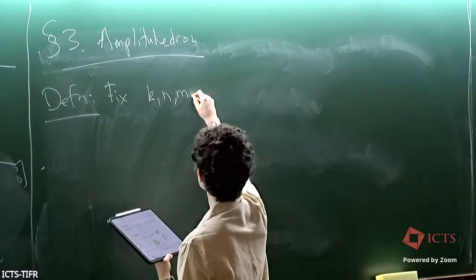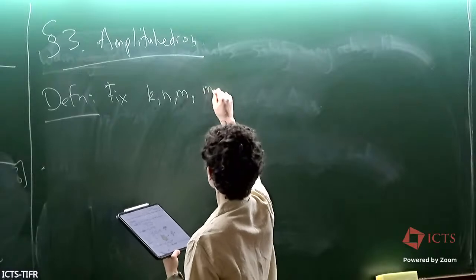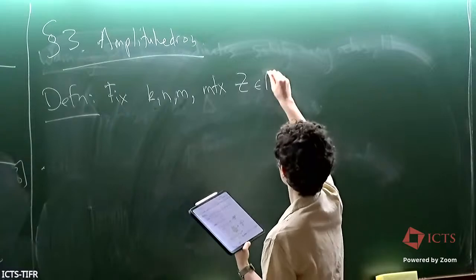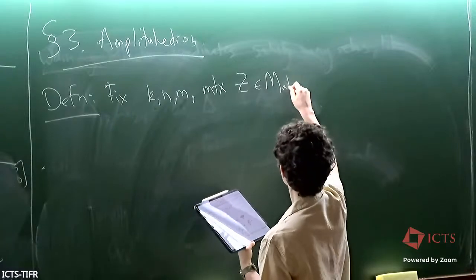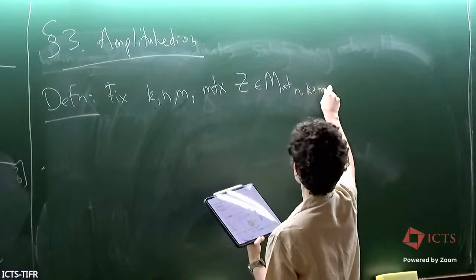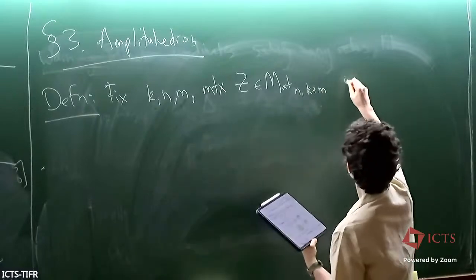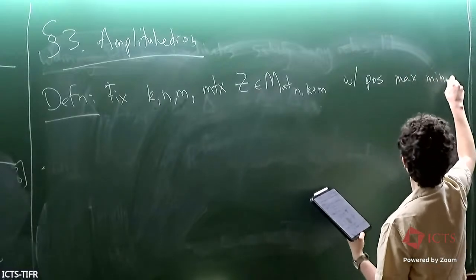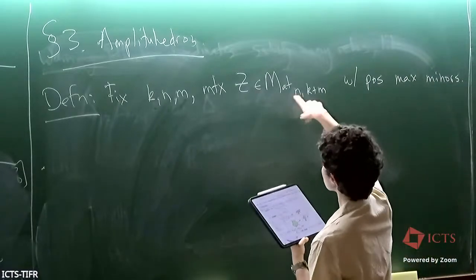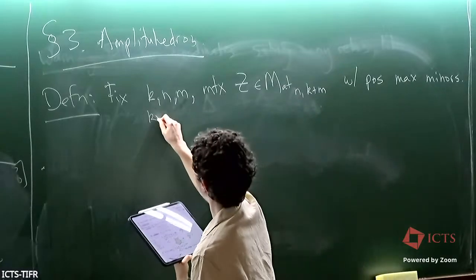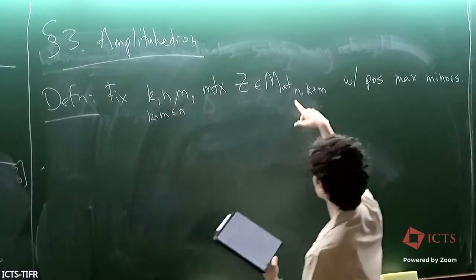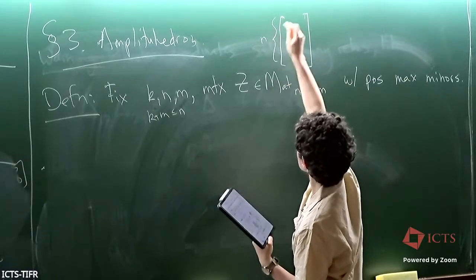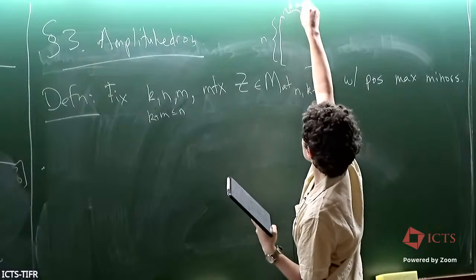And I'm also going to fix a matrix Z, which is n by k plus m dimensional, and it's going to have positive maximal minors. The way I've chosen my parameters, k plus m should be less than or equal to n. So this matrix is going to be a tall, skinny matrix, where this is n, and this is k plus m.